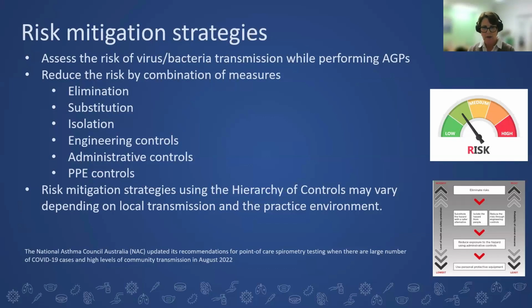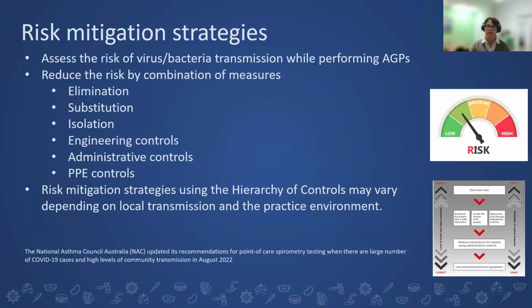The Thoracic Society of Australia and New Zealand and the Australian New Zealand Society of Respiratory Science put out their position statement in 2022, right at the height of the COVID pandemic. Both of those professional bodies' recommendations reflected a precautionary approach.